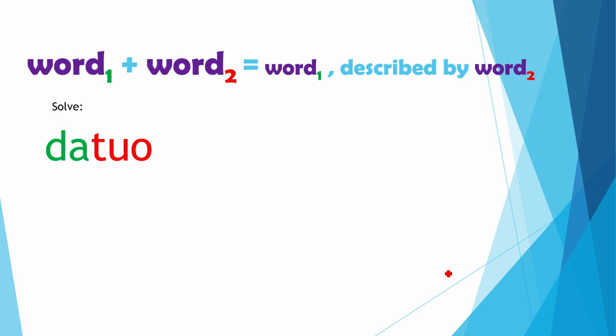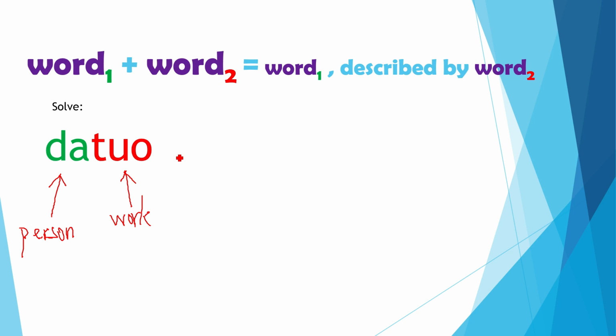Let's solve another one. Datuo. So what is datuo? Well, if you know the elementary words, da means person, and tuo means work as a verb.